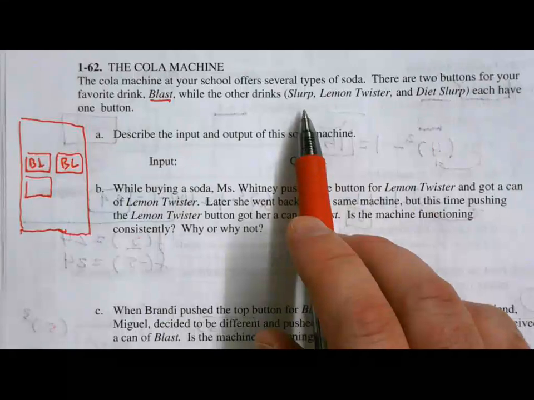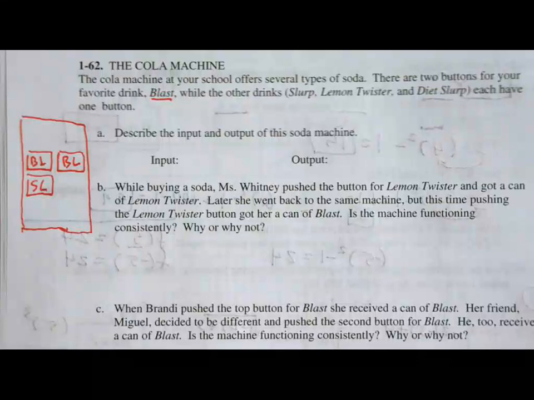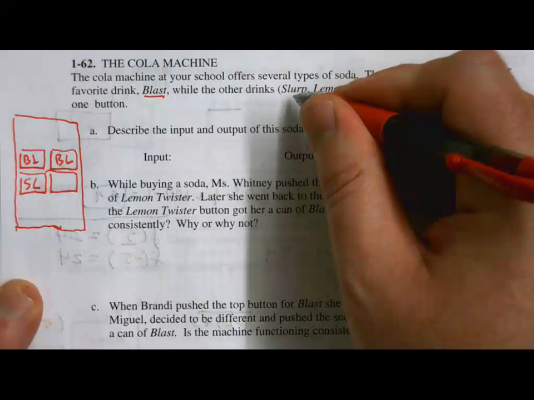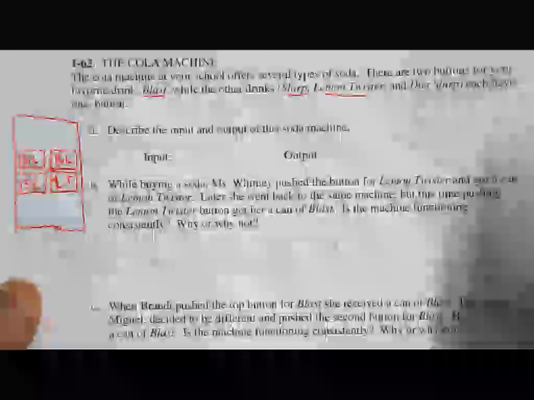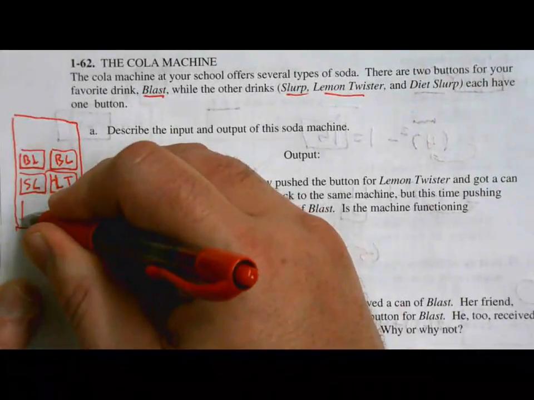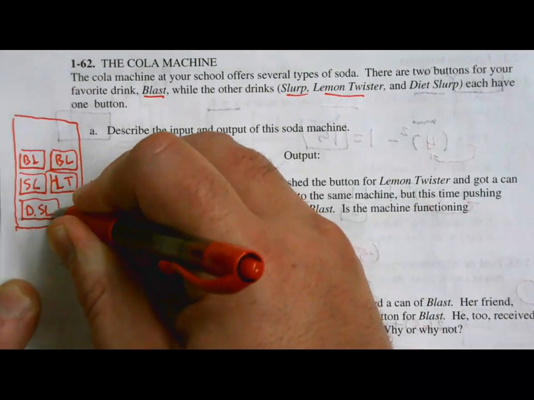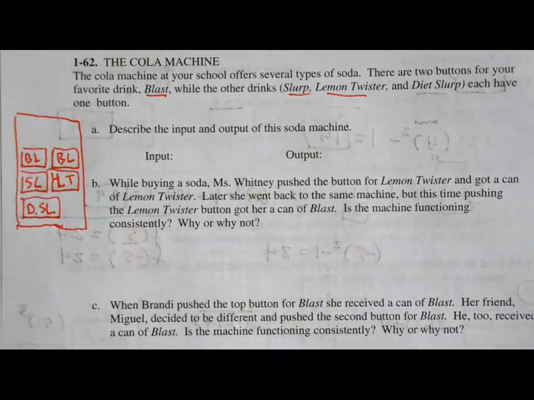Is that how you guys read that too? 1 button for slurp. There's 1 button for, what is it, lemon twister. And then there's a button for diet slurp. So 5 buttons total.